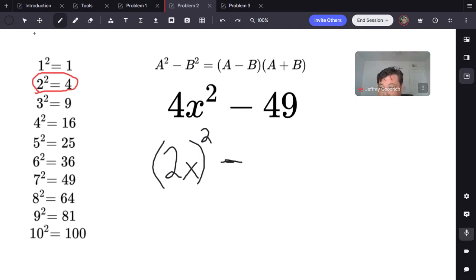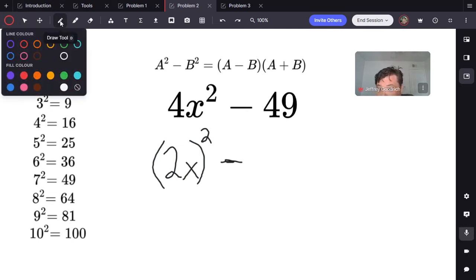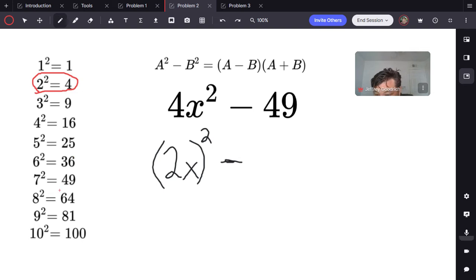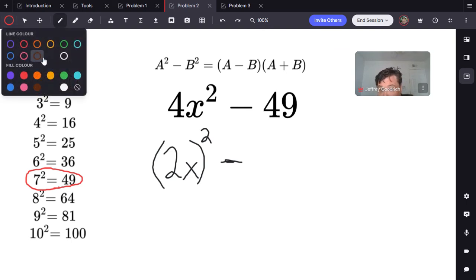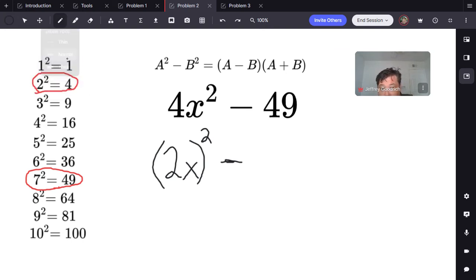And now minus, instead of 49, we know 49 just equals 7 squared. So now we're just going to say 7 squared.